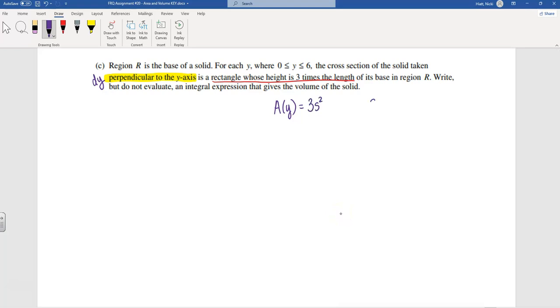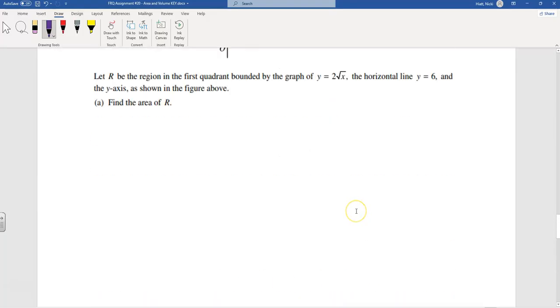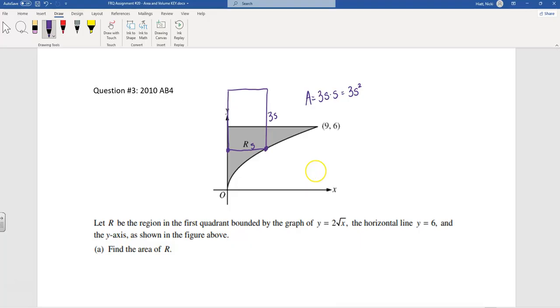So now I need to know what S is. S is going to be whatever I get when I do right minus left. So S definitely is going to be something minus 0. I could be wanting to call it 2 square root of x, but is this a dx problem or a dy problem? Dy.